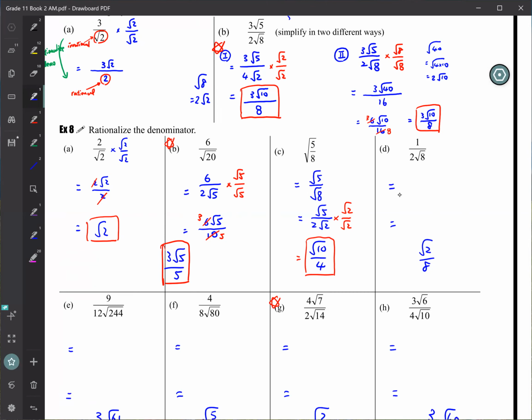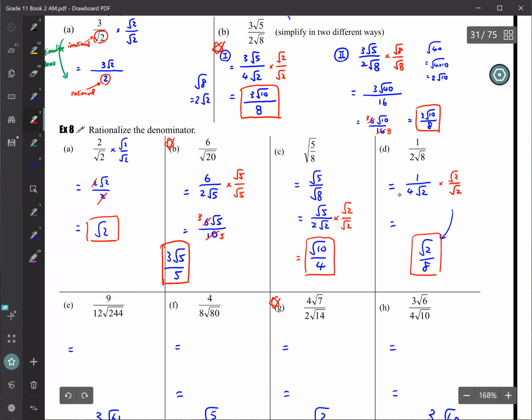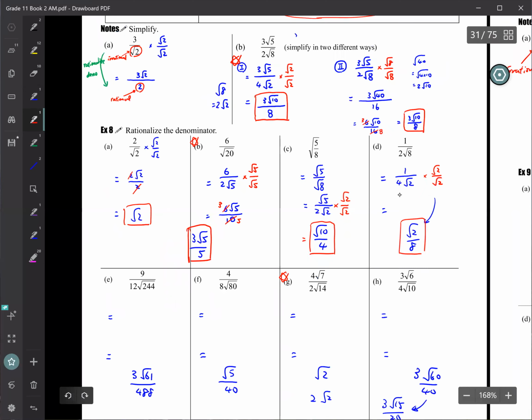We'll simplify the 8, so get the pair of 2s out, and then rationalize the root 2. And that goes straight to the answer. Okay, not too hard, right?